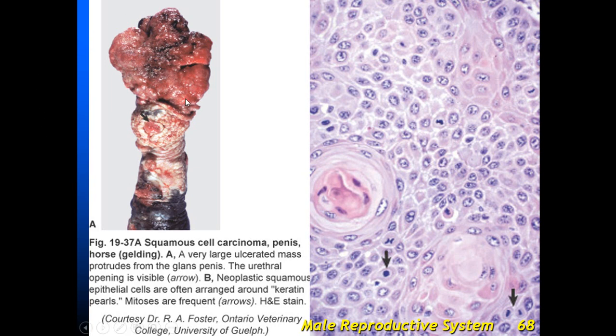Because this is a squamous epithelium, it can also develop into squamous epithelial tumors, for example squamous cell carcinoma, a malignant type of squamous epithelial tumor. In squamous cell carcinoma, we can find keratin pearls.